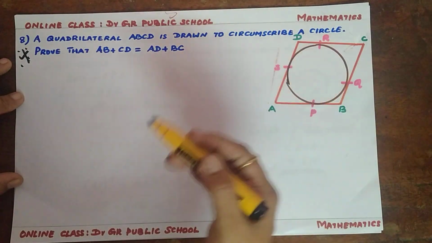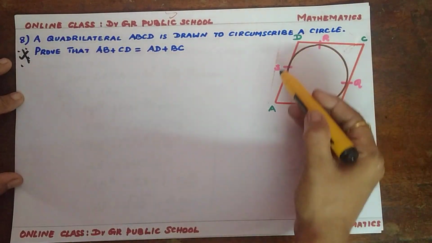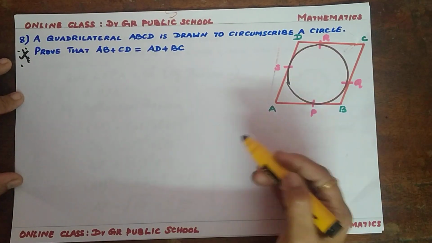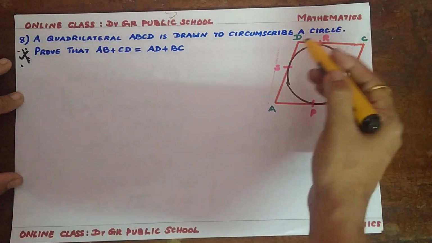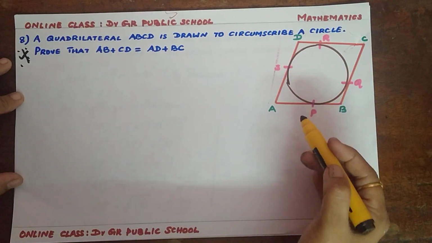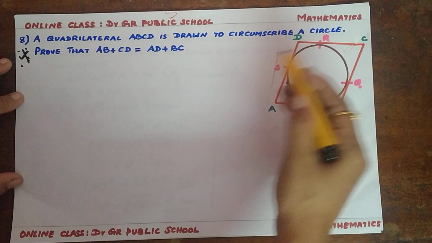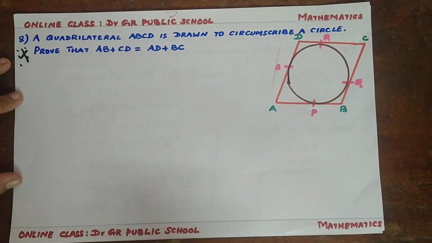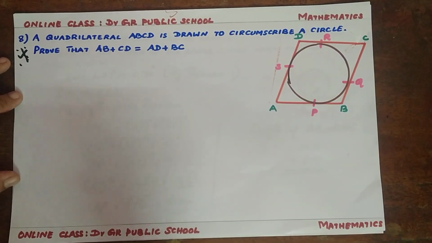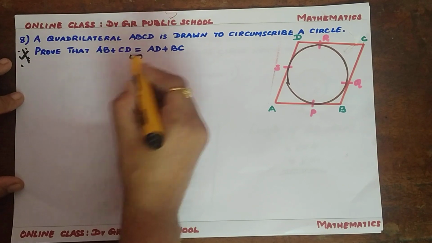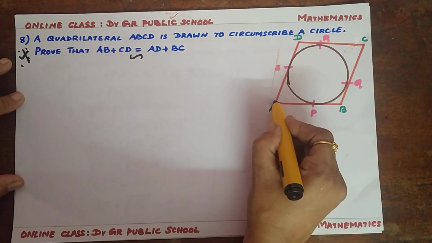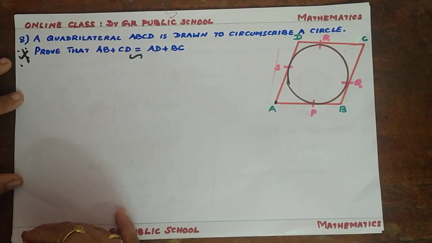So the same question can be asked like this. If a circle is inscribed in a quadrilateral, or if a quadrilateral circumscribes a circle, then the sums of the lengths of the opposite sides of the quadrilateral must be equal. A very important question. To prove this, I am going to apply theorem 2. Think of A as an external point to the circle.